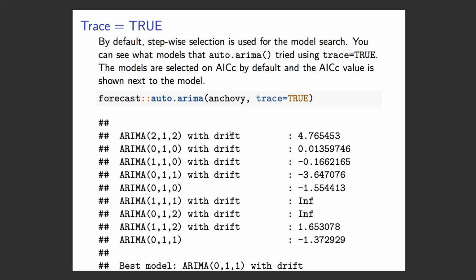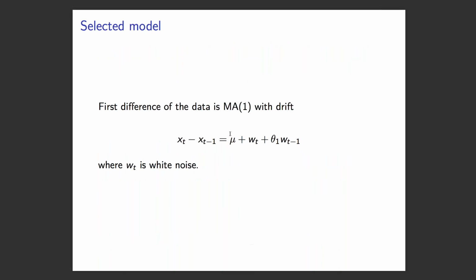So these are the ones that it went through, and this one has the lowest AICC. That's the model, obviously, and these are the AICC. So that's the information criterion that it's using. We can change that information criterion to something else. We could use BIC or AIC, the other options. All right, so this is the model that it's settled on. So we have that first difference, we have that constant here, and then this is our MA with lag 1.